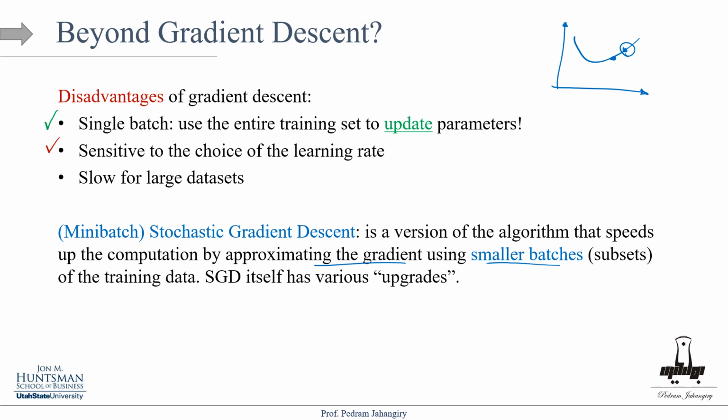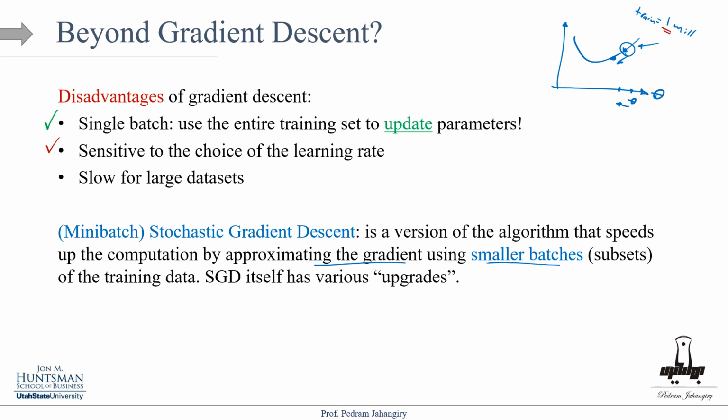Let's say we're here, and imagine your train set has 1 million observations. In gradient descent, I'm going to use all 1 million observations to get an update, to go from this theta to this theta. Now, in stochastic gradient descent or mini batch gradient descent, I'm not going to use 1 million.